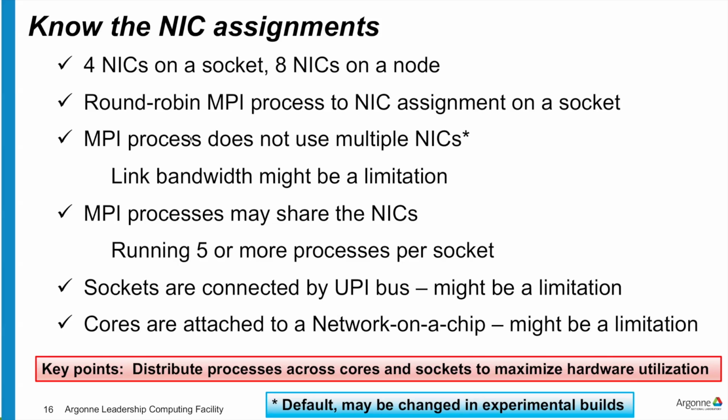However, as I said, if you think that you need to have more NICs used by the same MPI process, it is possible to do so. Obviously, if you start using more NICs from each MPI process and you run multiple MPI processes on the node, then the link bandwidth can be a limitation. So you need to be very careful when you do it that way.